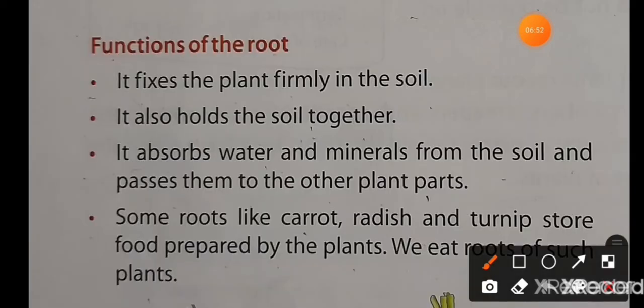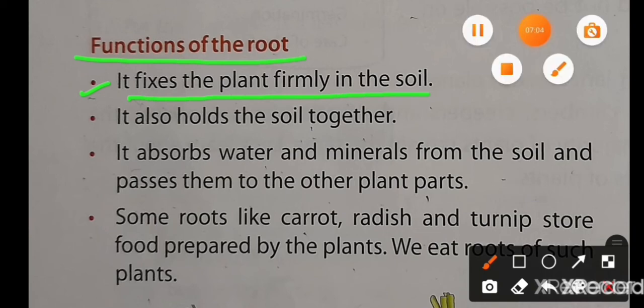Now let's see the functions of root. The first function: it fixes the plant firmly in the soil. So the main function of the root is that it fixes the plant firmly in the soil, because the roots hold the plant, and due to this the plant keeps straight in the soil.